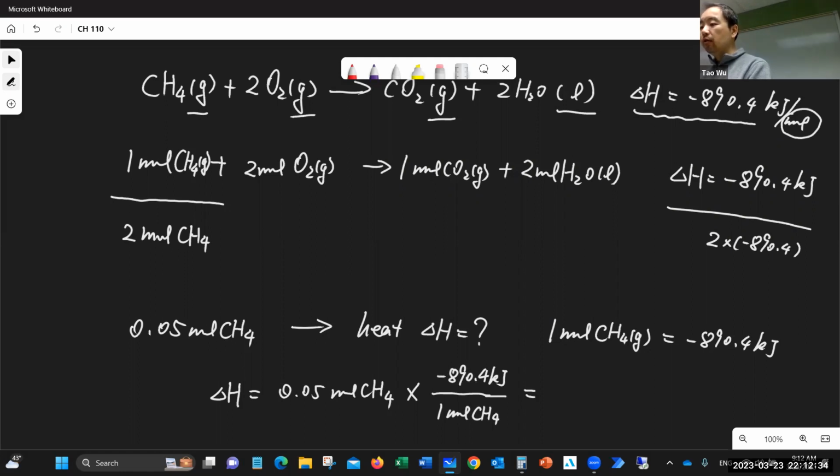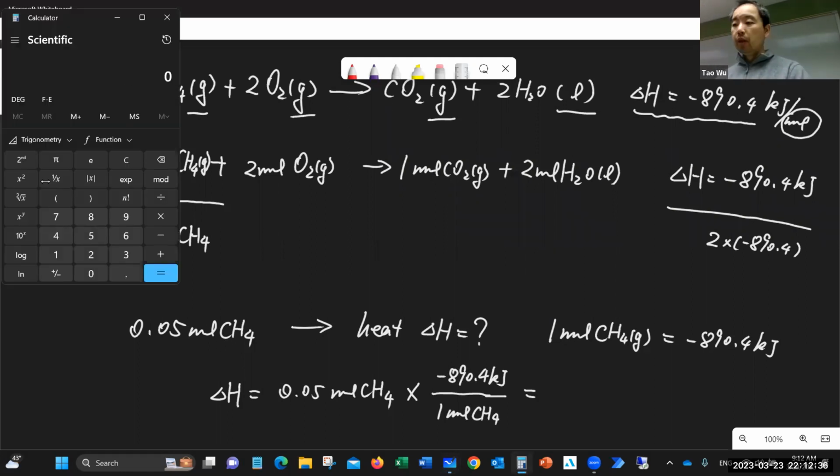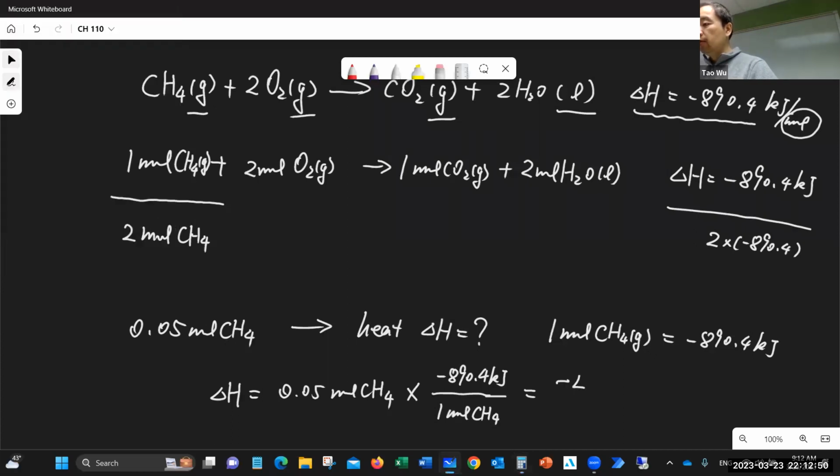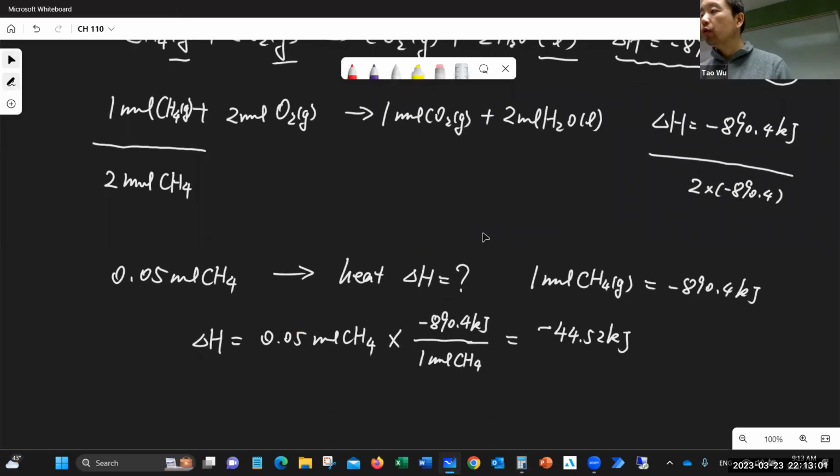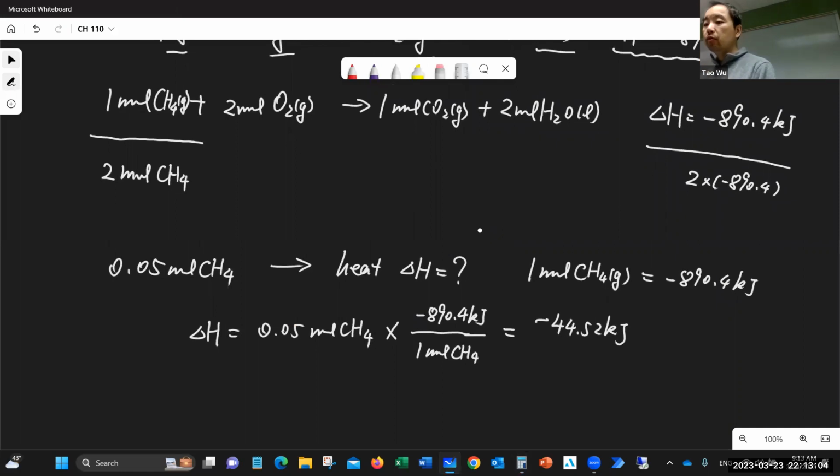Then you can figure out how much heat that much methane can produce: 0.05 times 890.4 gives negative 44.52 kilojoules. Make sense, right? This is also stoichiometry. If you want to use the ratio, you can do this too: 1 mole of methane over 0.05 mole of methane.